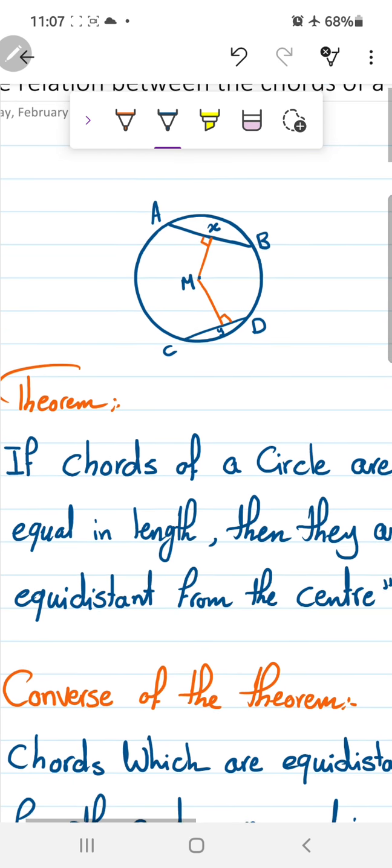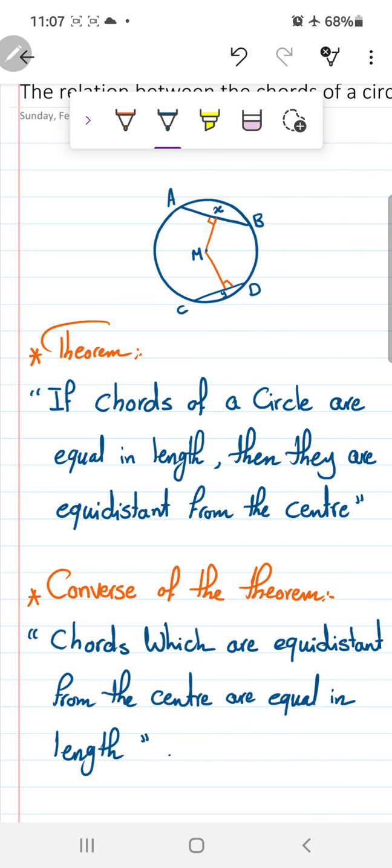We have theorem 1 here. If chords of a circle are equal in length, then they are equidistant from the center. It means, in another figure, if we have two chords AB equals CD, then we get MX equals MY, and MX must be perpendicular to AB and MY perpendicular to CD.